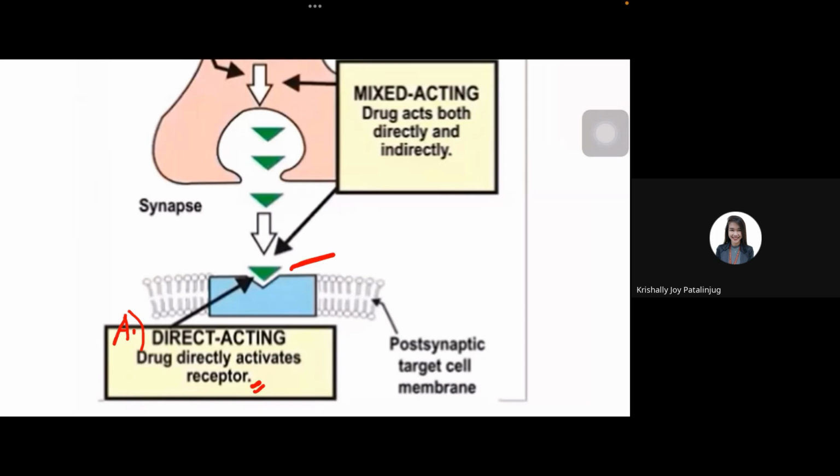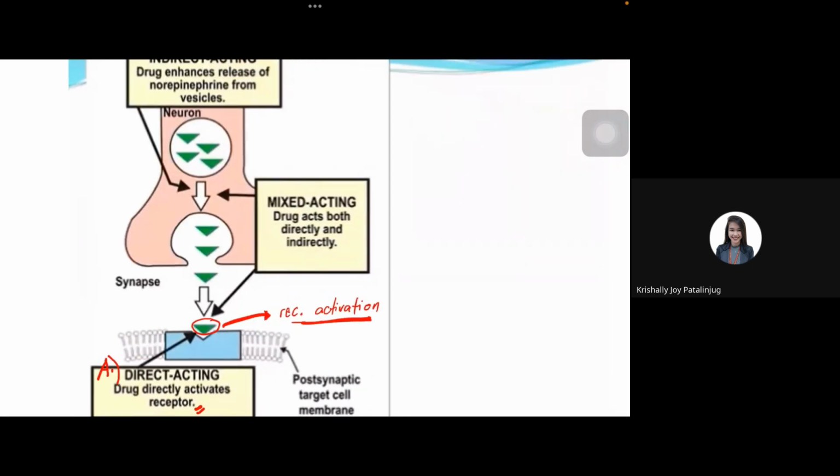So, kumbaga, you have a drug, and for it to produce an effect, it will cause a receptor activation. Kumbaga, ang drug mismo, you have a drug, yung drug mismo ang magbabind directly sa receptor. That's why it is direct acting. Okay, again, ang drug mismo ang magbabind sa receptor, causing activation, stimulation of that receptor.